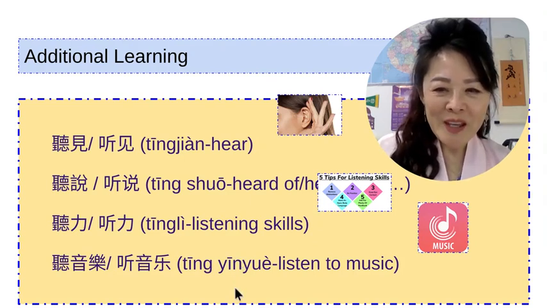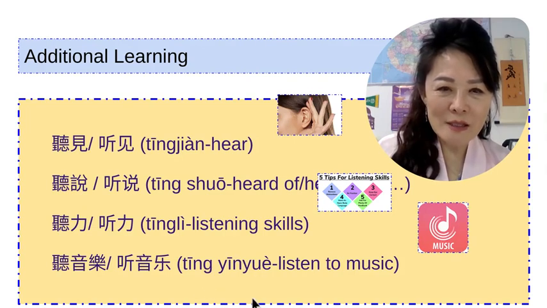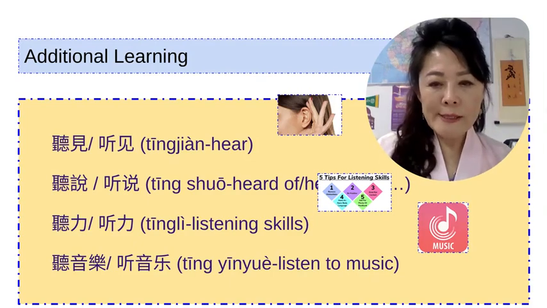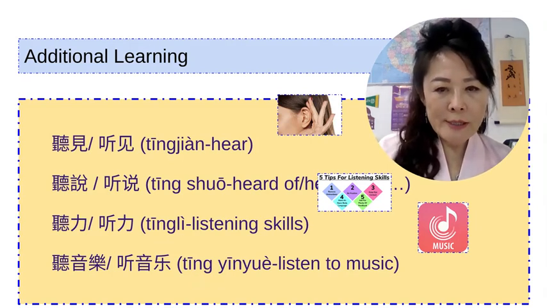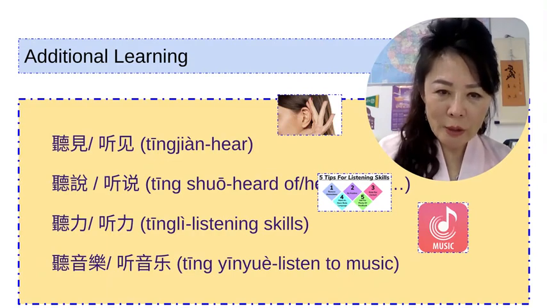And the most common is 听音乐. 听音乐 is to listen to music. You can formulate sentences by saying 我喜欢听音乐. I like to listen to music. You can say 我喜欢听中国音乐. I like to listen to Chinese music.